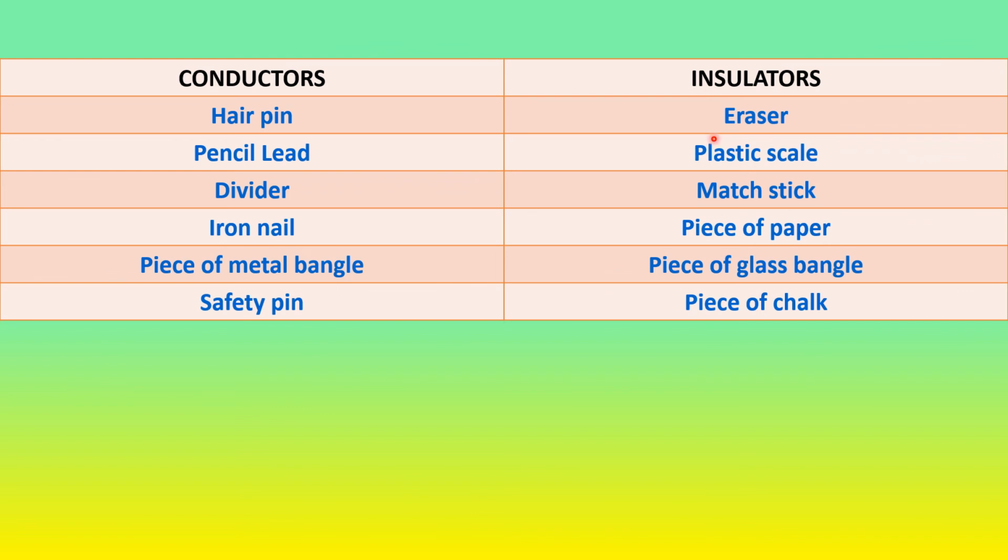So insulators are eraser, plastic scale, matchstick, piece of paper, piece of glass bangle, piece of chalk, etc. All these are insulators. In your daily life, apart from these substances, you can see so many substances, of which some are conductors and some are insulators.